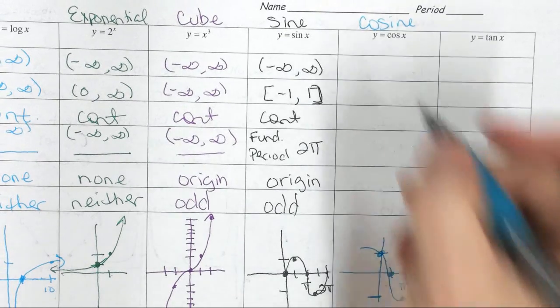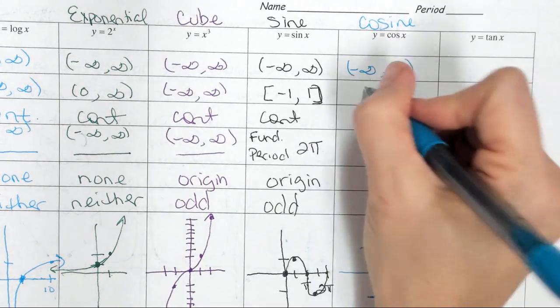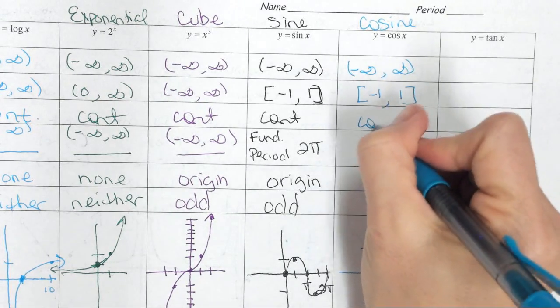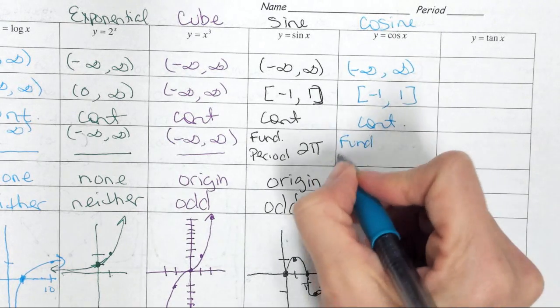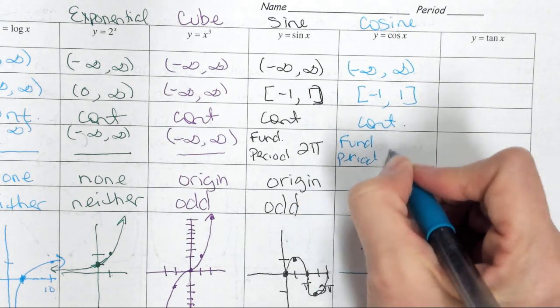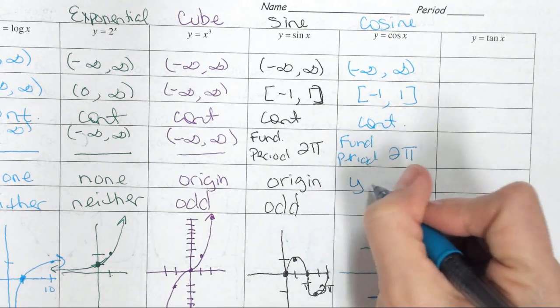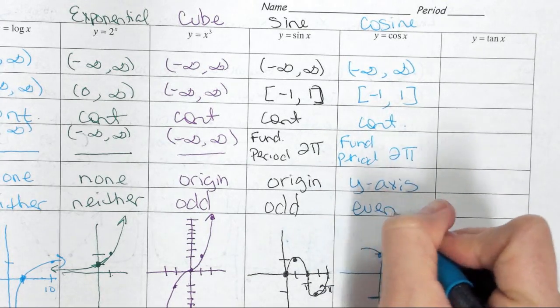The domain goes from negative infinity to positive infinity. My range is from negative 1 to positive 1. It is continuous. The fundamental period is 2 pi. It's symmetric about the y-axis, and it's even.